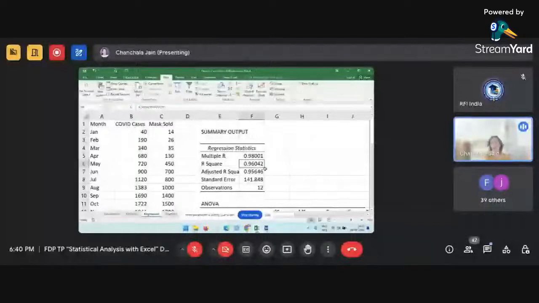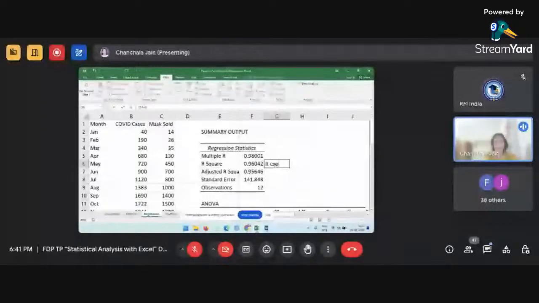Now talking about the value of R square, which is again a very high value, right? Generally this value should be greater than 0.6, but here it is very large, a very high R square value I'm getting. So I'm writing here the interpretation part of R square.